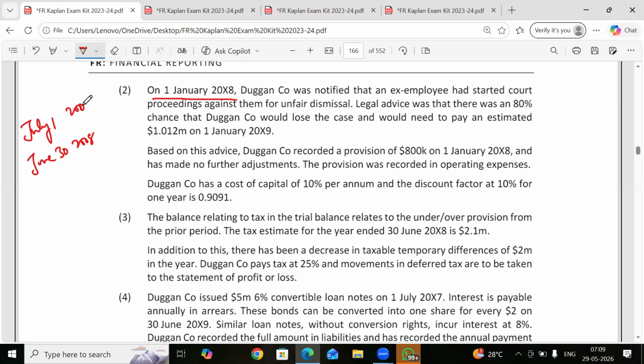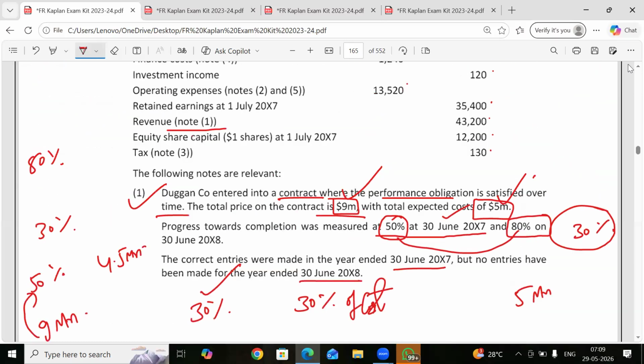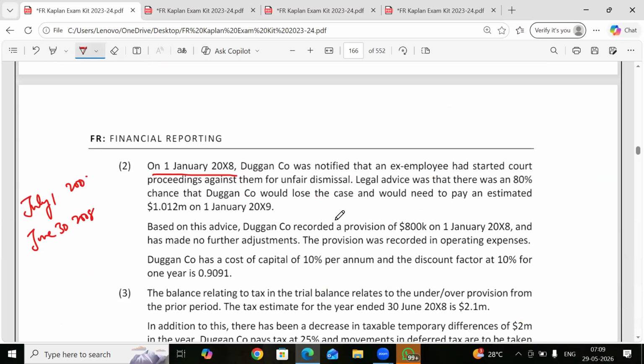So July 1st, 2007, the year starts and it ends at June 30th, 2008.